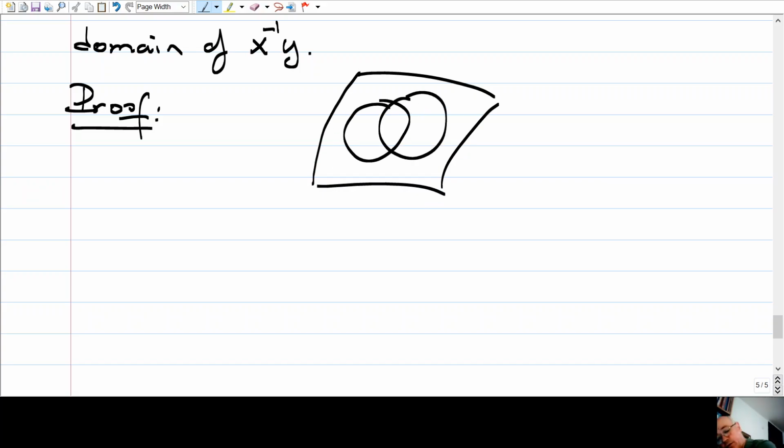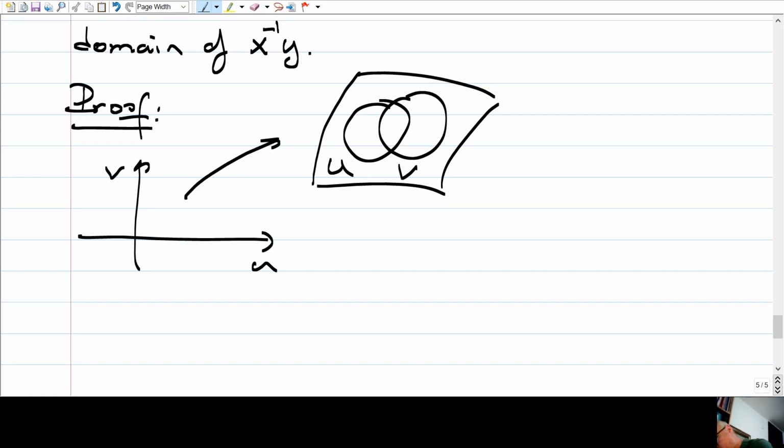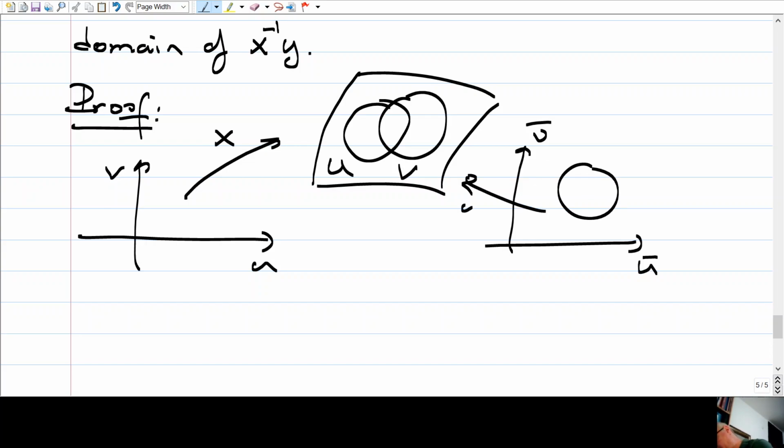I have two surface patches, X and Y. Here, this is the UV plane, and this is my surface patch X, and this is the U bar, V bar plane, and this is the surface patch Y. And I consider the composition.